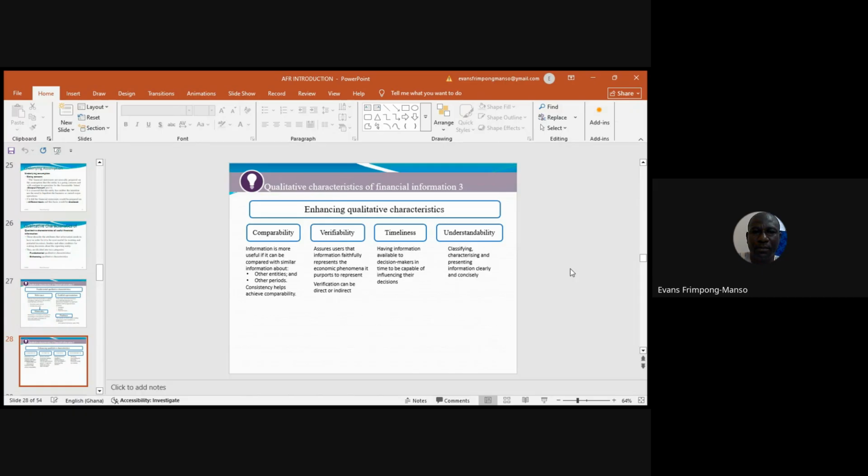Then the information is provided when it is needed. That is timeliness. And then the accountant must provide additional notes that accompany the financial statement to aid users' understanding. So these are the enhancing qualitative characteristics of accounting information.